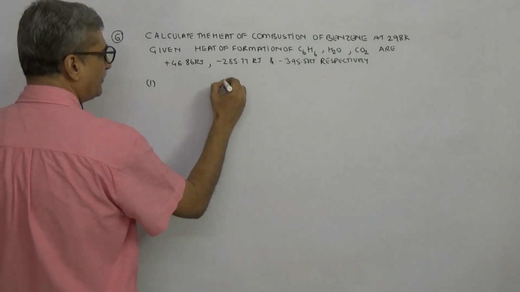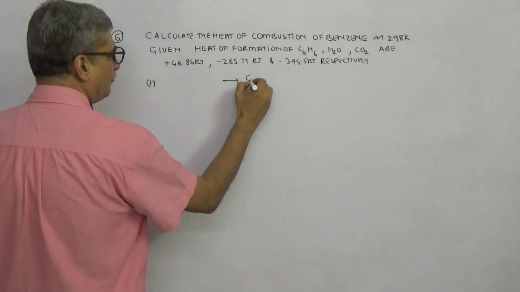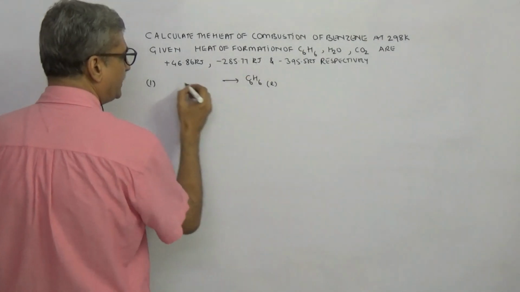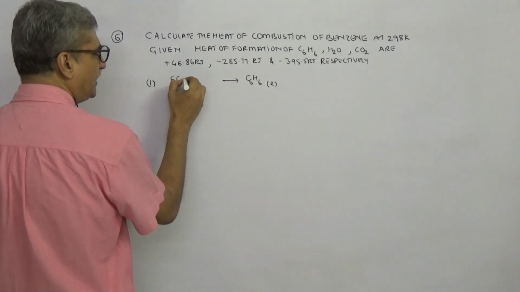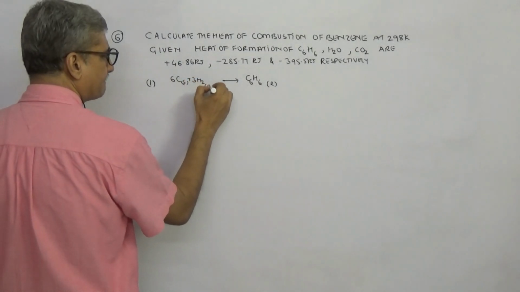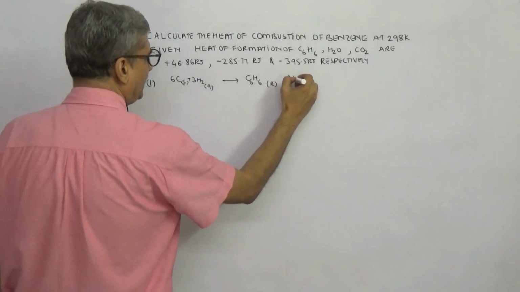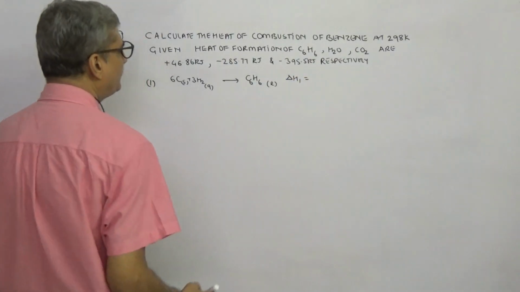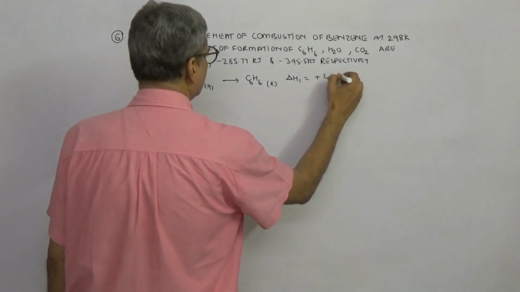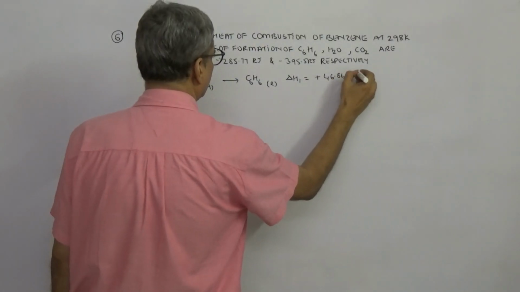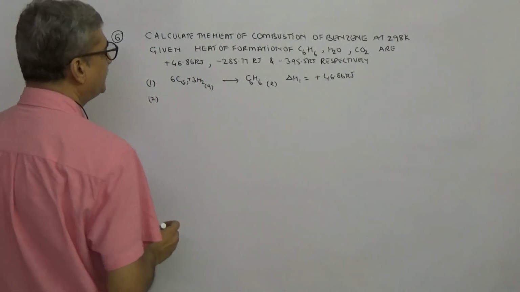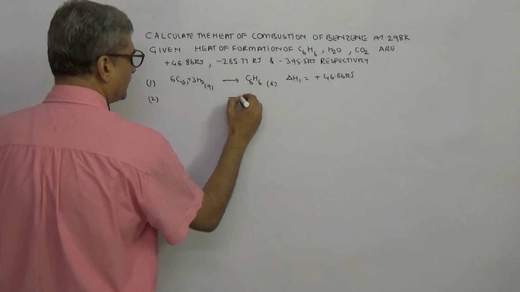What is the definition of heat of formation? 1 mole of benzene C6H6 liquid is formed from the elements in the standard state. So we have delta H1 is equal to plus 46.86 kilojoule.